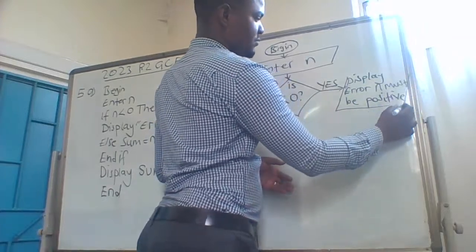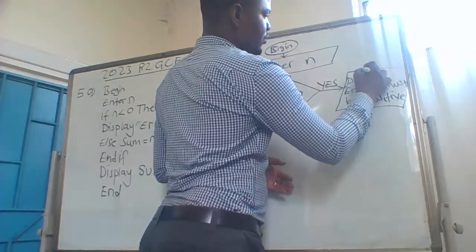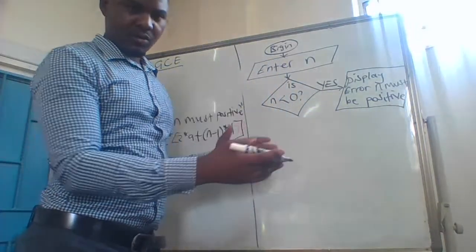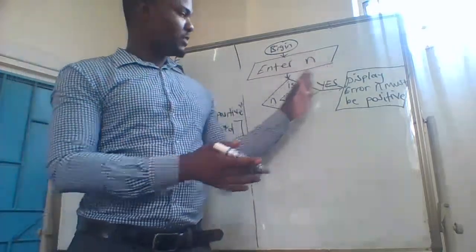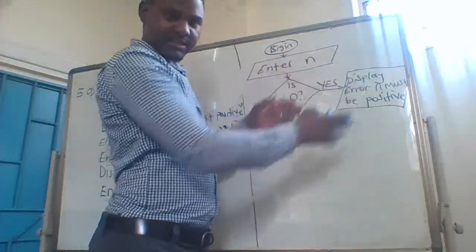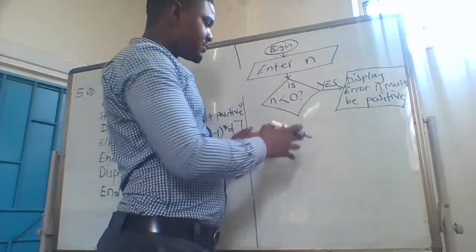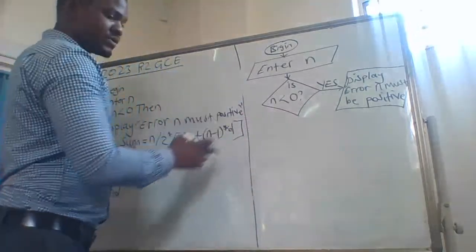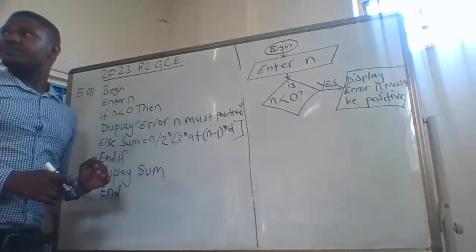I don't have enough space this side, but you already know the symbol which must be used. It's more like a rectangle with slanted sides. So we are using a rectangle here to display, more like what we used there, but with slanted sides. That is the symbol which is used when displaying the given statements.